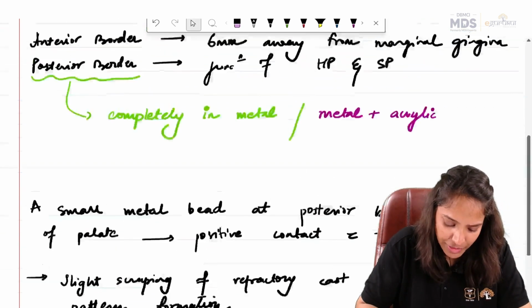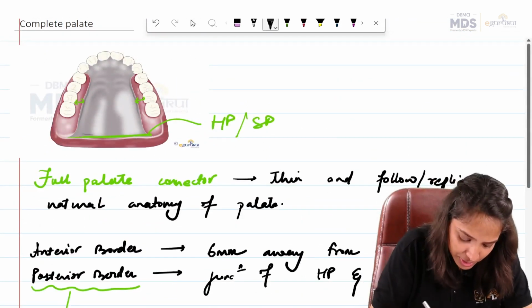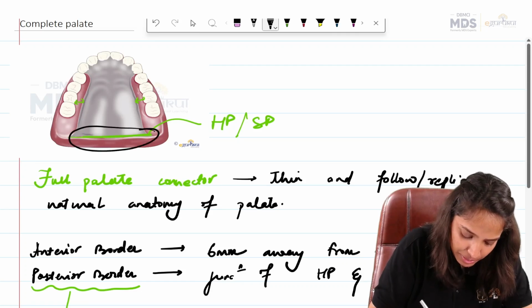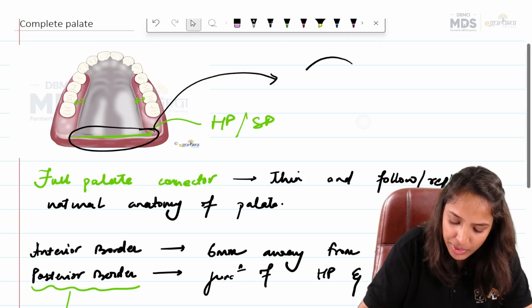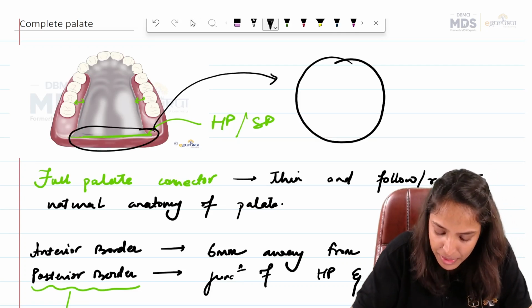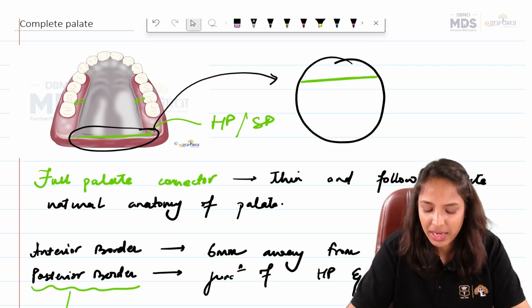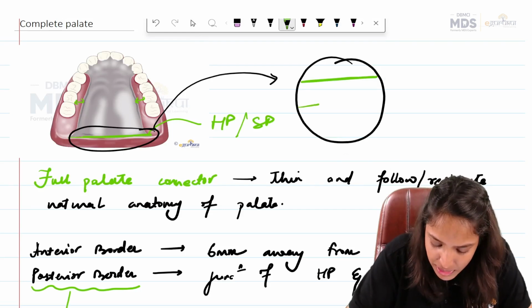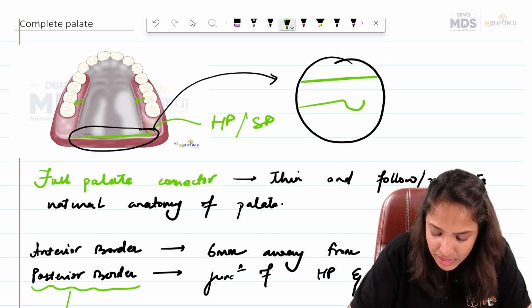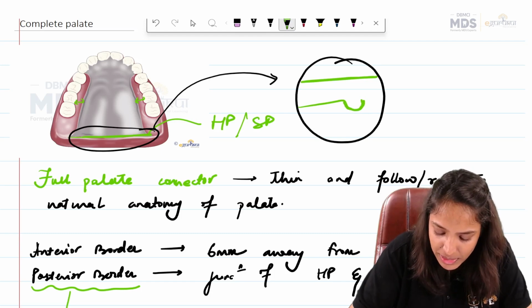So, if we look at the posterior border over here, and I take this part and show it to you in a cross section, rather than maintaining it completely in flat contact with the palate, what we want to do is at the posterior border, we want it to end into a bead like this. This is called a bead.